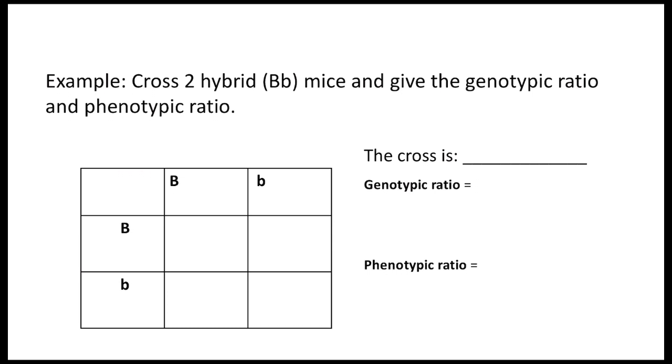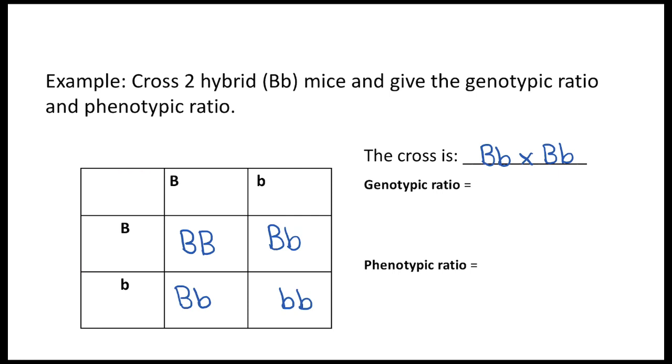So for example, if we were to fill in this table, first off, our cross is big B, little b times, so meaning crossed by big B, little b. We have this one is big B, big B, big B, little b, big B, little b, and little b.